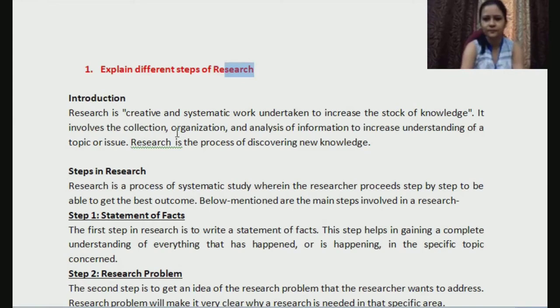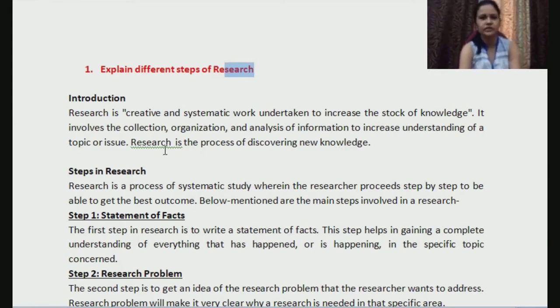It involves collection, organization, and analysis of information to increase understanding of a topic or issue. Research is the process of discovering new knowledge. You knew a little bit about the criminal justice system in India, but while doing research on the topic, you got to know more in a more detailed way regarding the things that are not working fine with regard to the Indian criminal justice system.